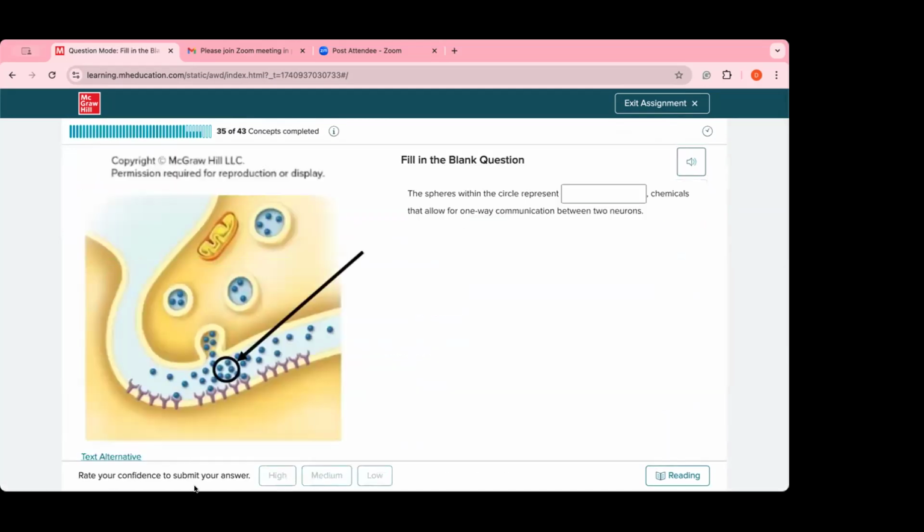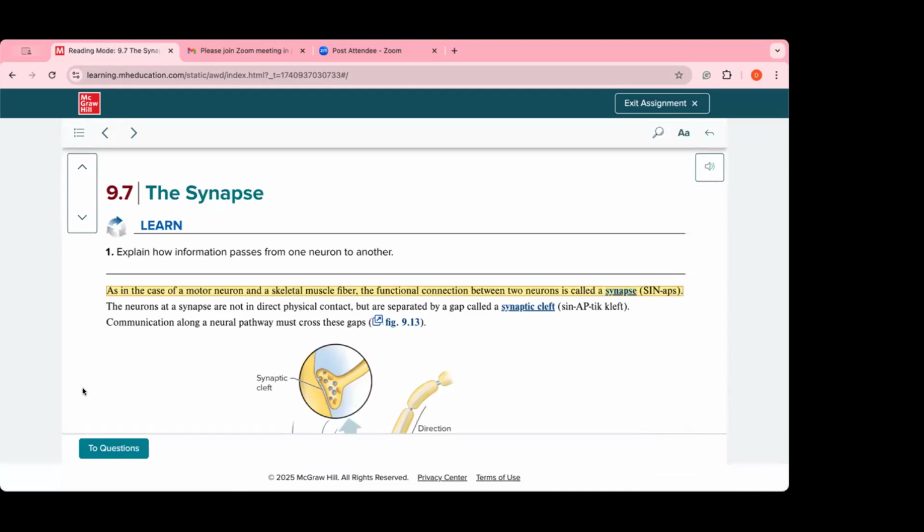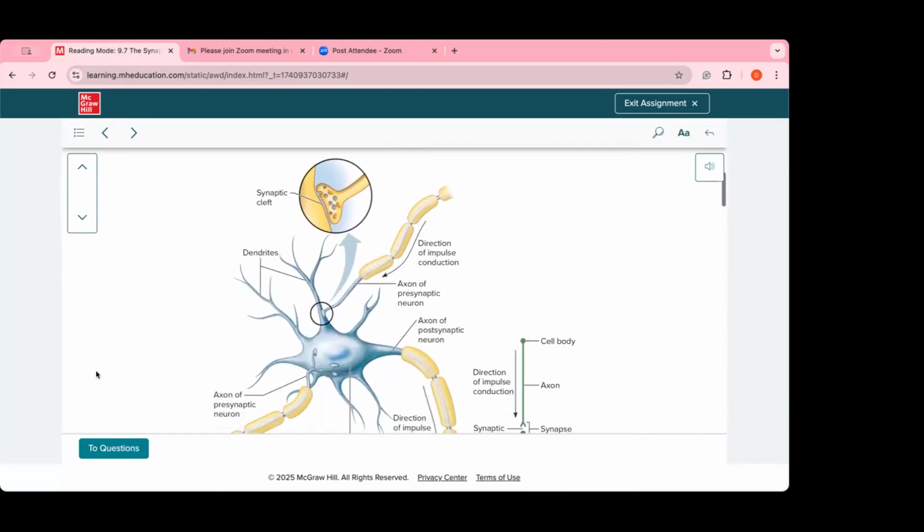Next question. The spheres within the circle represent blank. Chemicals that allow for one-way communication between. I would think that would be neurotransmitters, but let's look at the book and make sure. I think that's what they're made to represent. Let's look at the diagram and see what the little round blue things are.